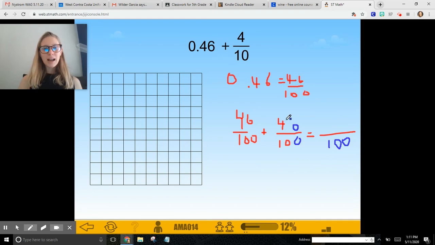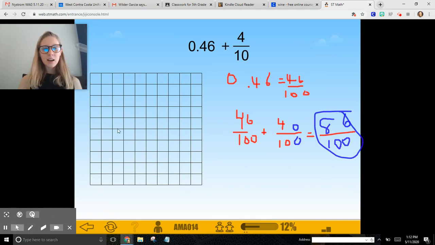So we multiplied 4 tenths times 10 to make it say 40 over 100, so 40 hundredths. And now we can just straight up add. So 46 plus 40, 0 plus 6 is 6, and 4 plus 4 is 8. So my answer should be 86 hundredths.